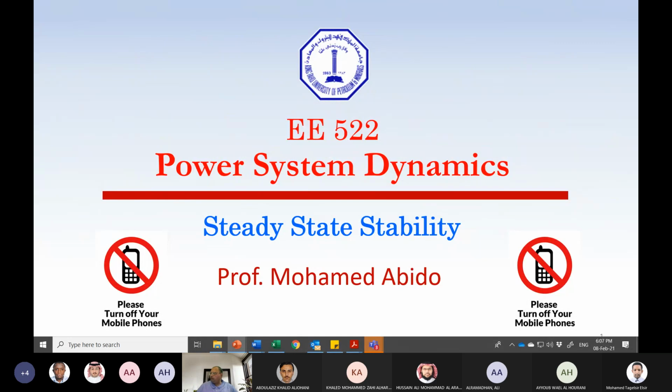The next topic is steady state stability of the power system. As we mentioned earlier at the beginning, we classify power system stability in general into three types: angular stability, voltage stability, and frequency stability.